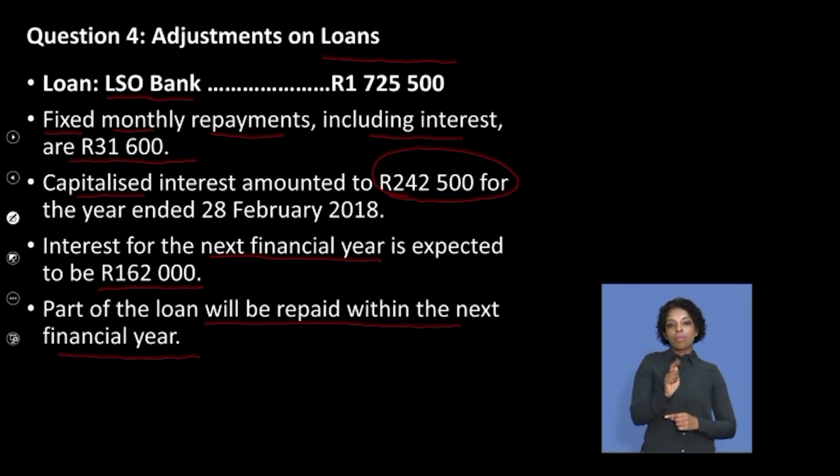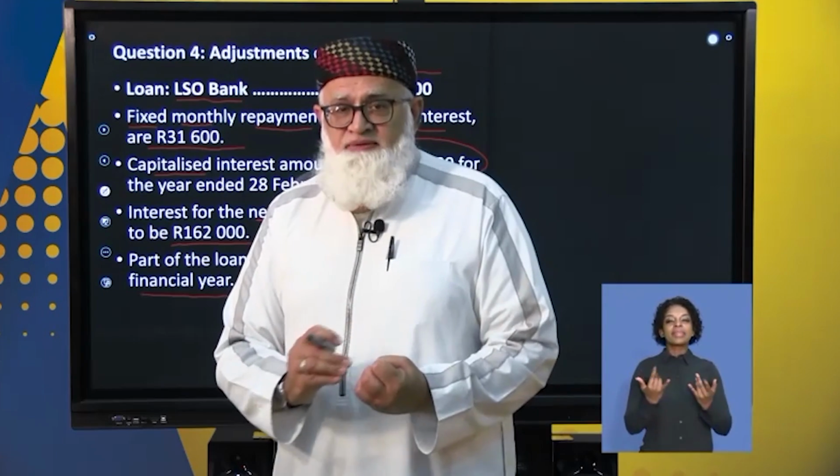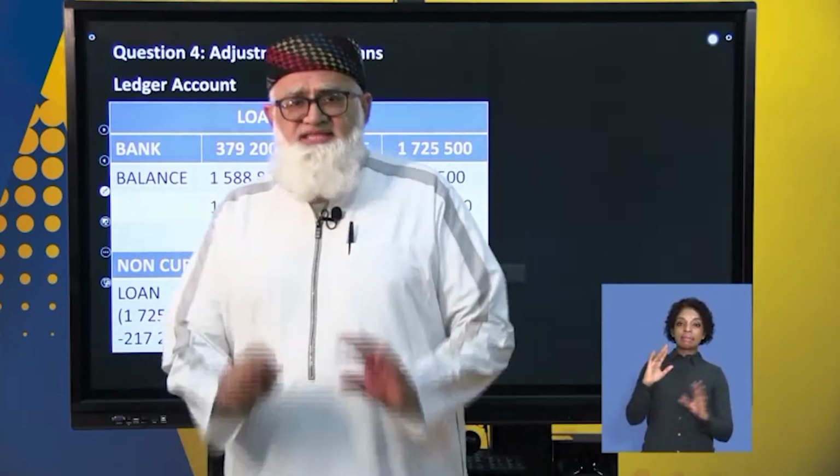As you can clearly see, you are given a whole lot of information. Now, how do you use that information in order to find out what does the examiner want from you? Okay, let's look at it. The secret is a ledger account. Why?